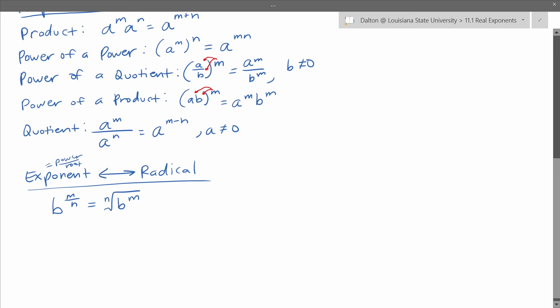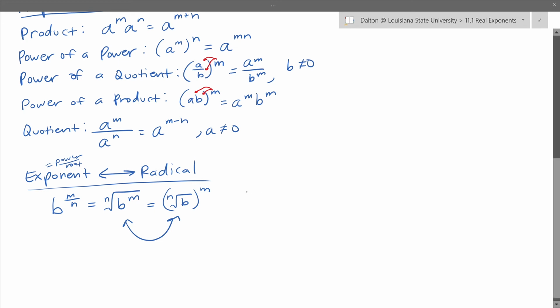This is also equivalent to taking the nth root of b and then raising all of that to the m power. You may not see a difference between these two, but it's basically the order that you operate in. Do you raise the term to the power first and then take the nth root, or do you take the nth root first and then raise it to any power m after the fact?